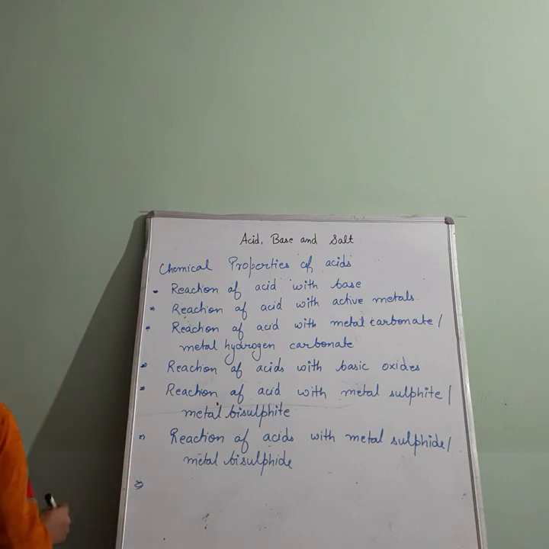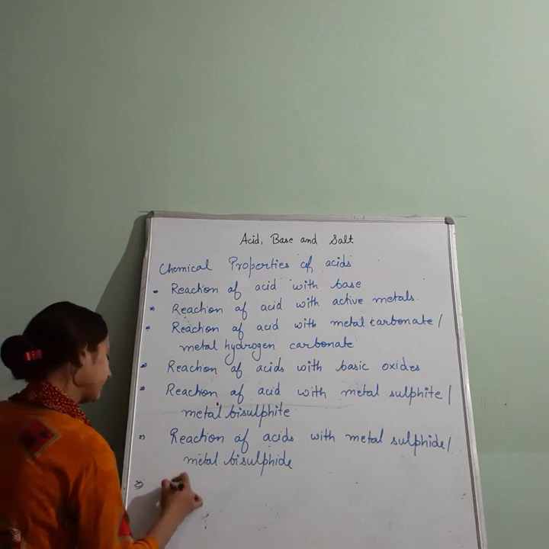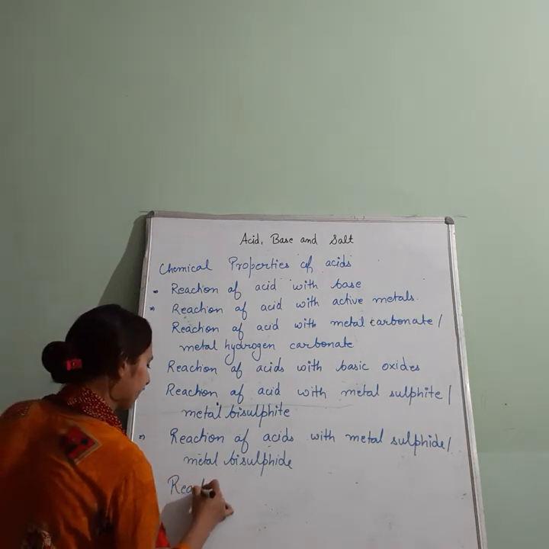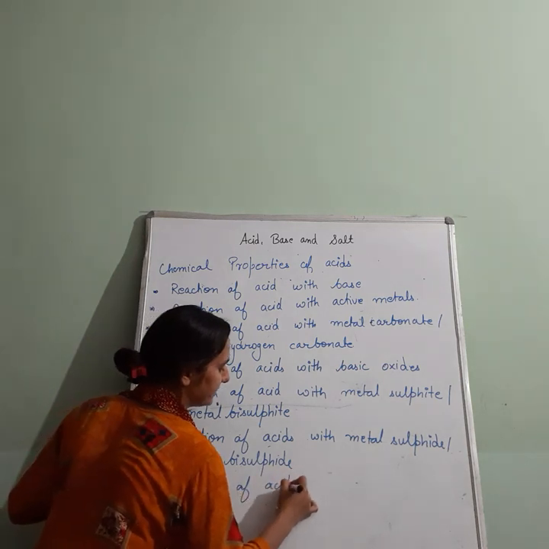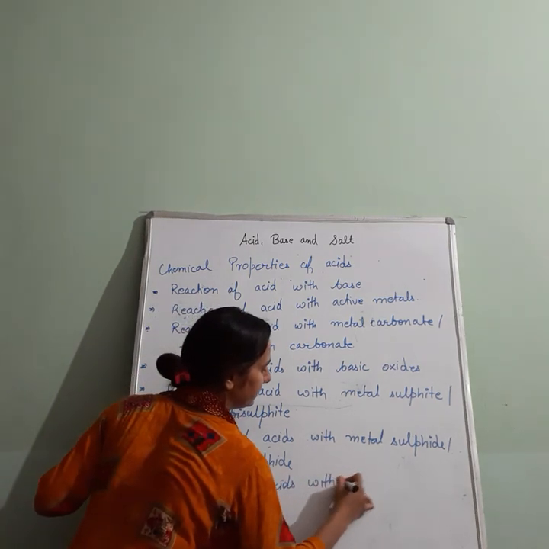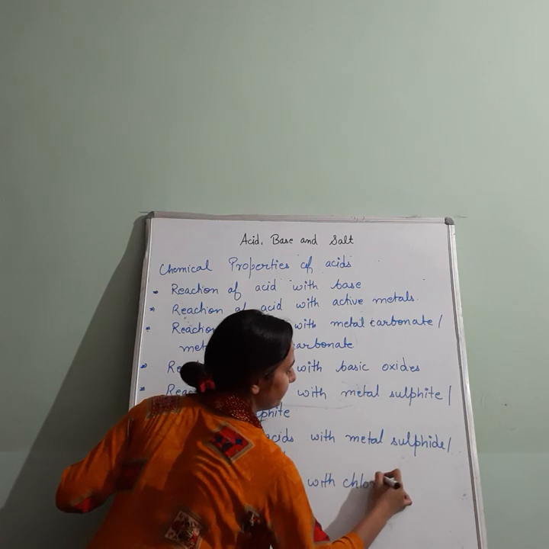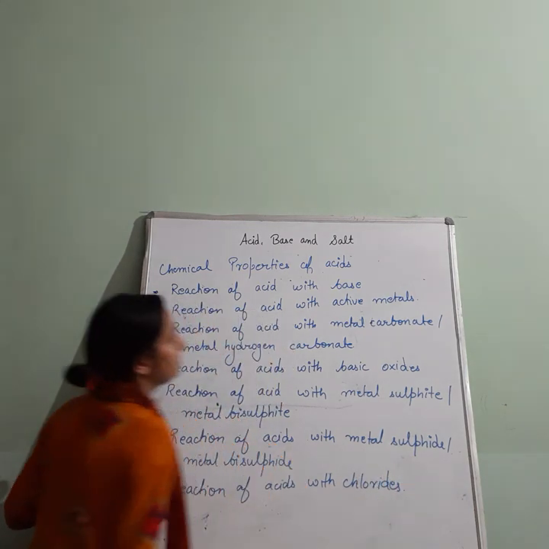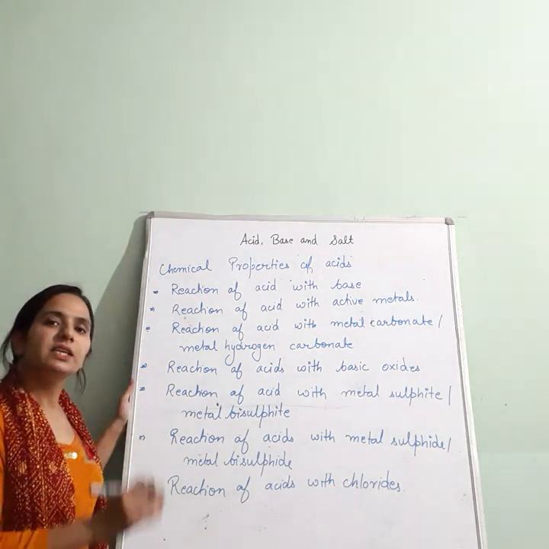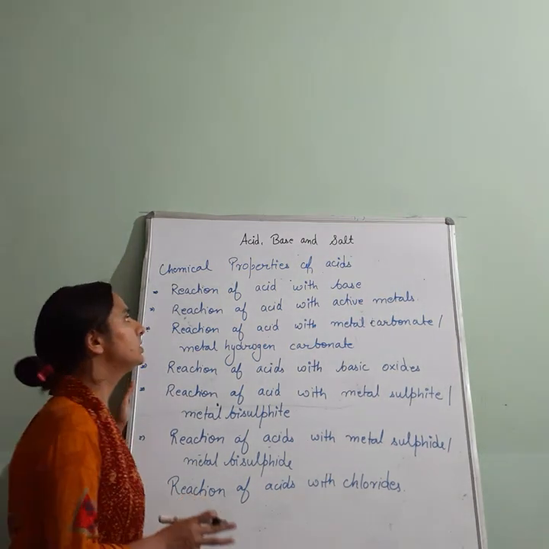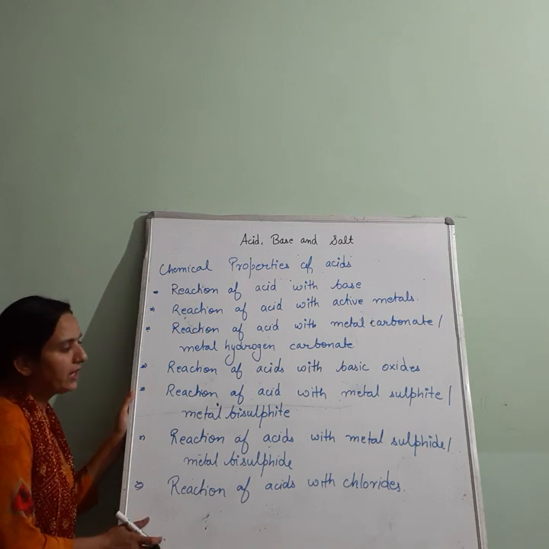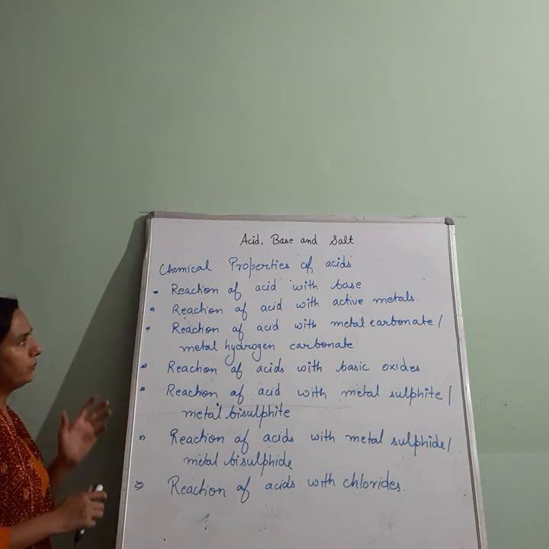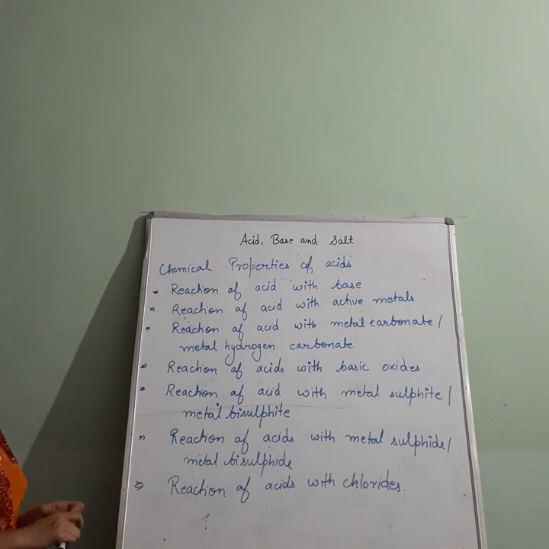And next one we are going to deal with reaction with chlorides. Reaction of acids with chlorides. These are the 7 chemical properties of acids which we have to discuss. So, note it down. After that, we just start discussing chemical properties of acids.